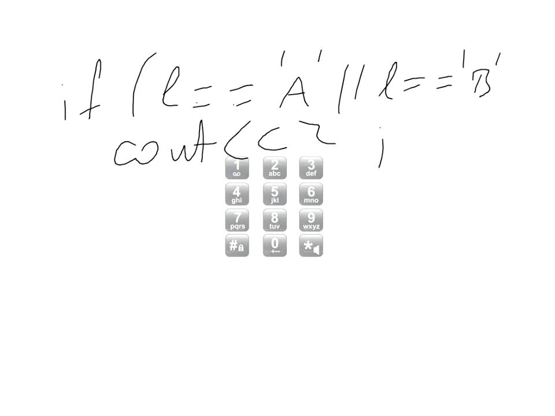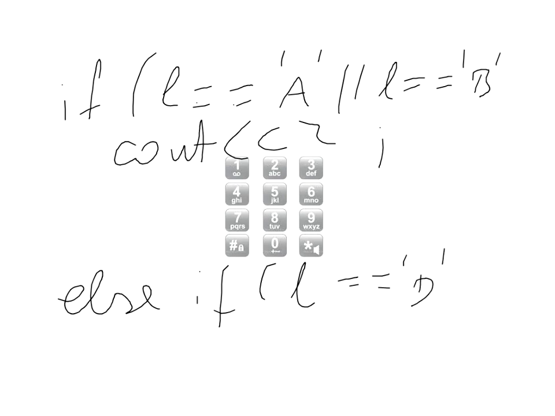Okay, and then you can do an else if. So else if letter equals D, or letter equals E, letter equals F, then display cout, right?